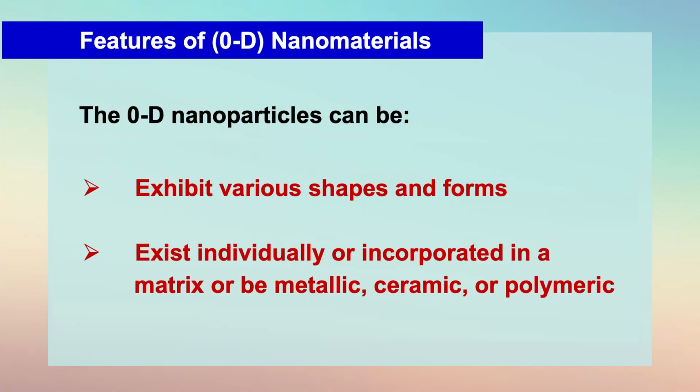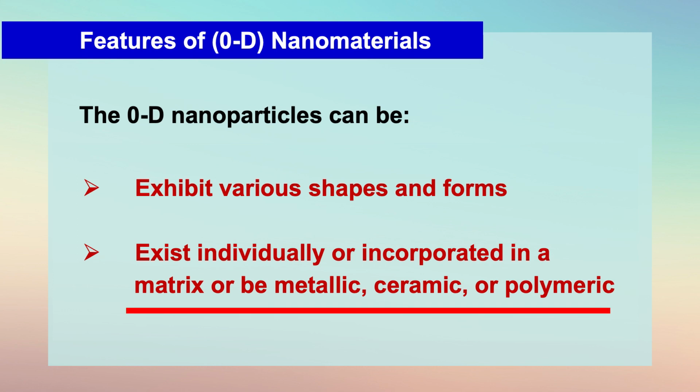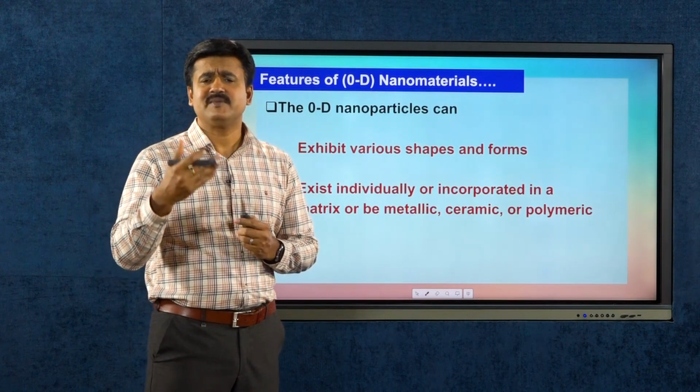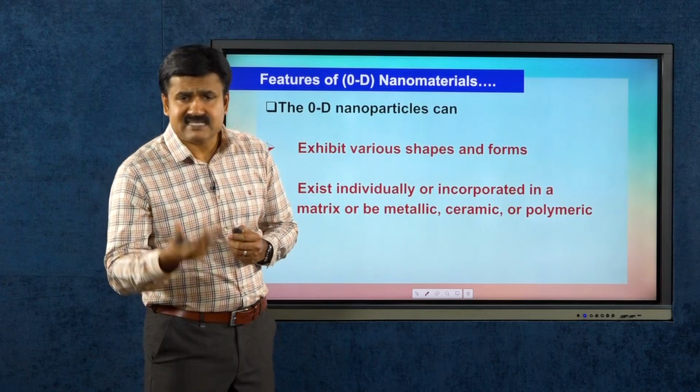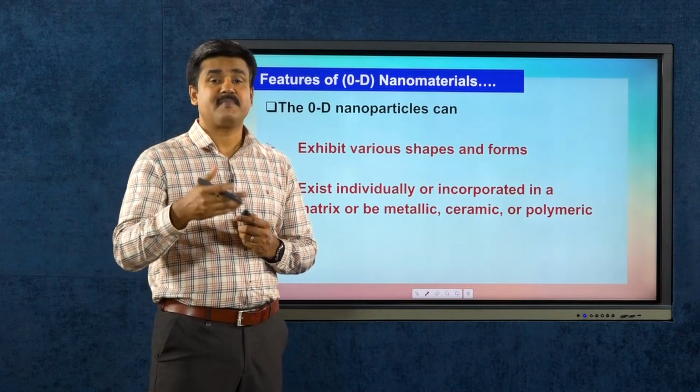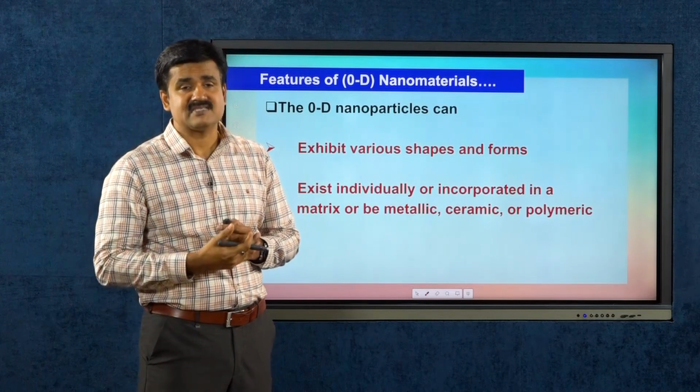And the next characteristic feature is it exists individually or incorporated in a matrix, which may be metallic, ceramic or polymeric. This implies that the zero-dimensional nanomaterial can be constructed from metals, ceramics, different kinds of polymers, etc.